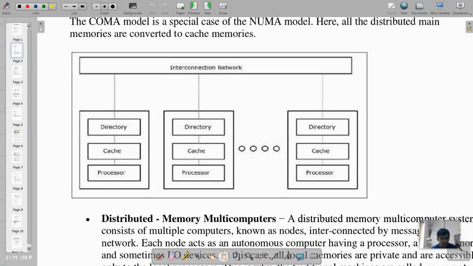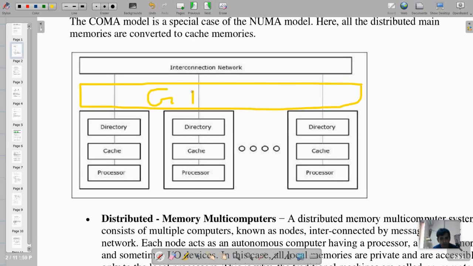You can see that somewhere here you have a global memory which can be accessed under the uniform memory access model by all the processors. Along with that, say you have a global memory here.